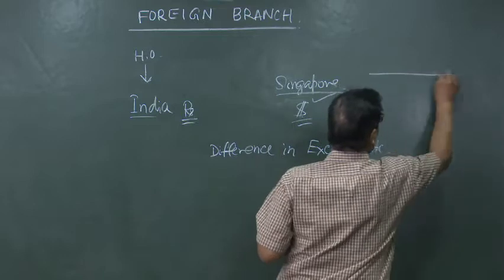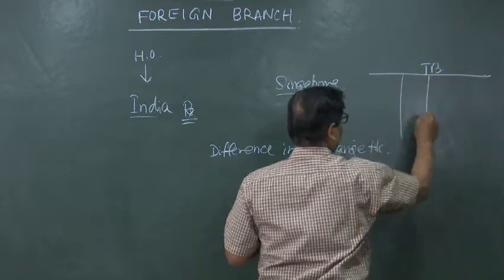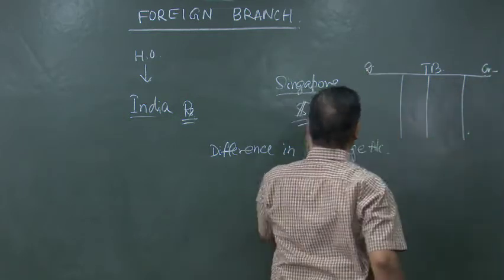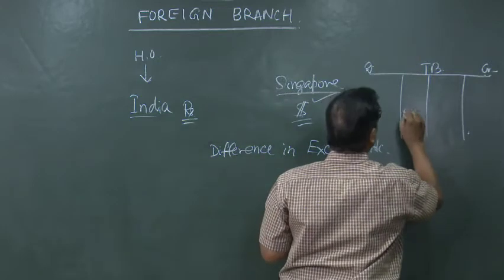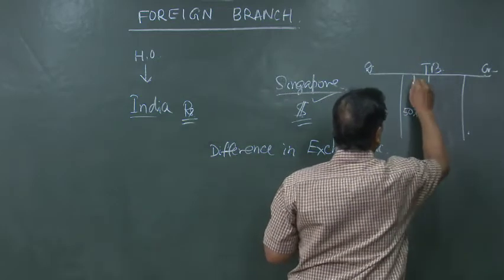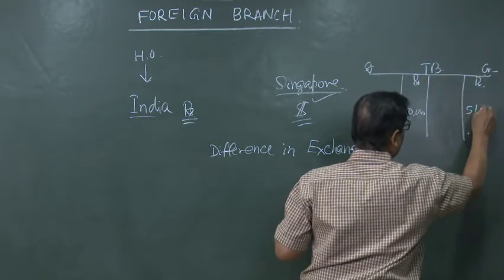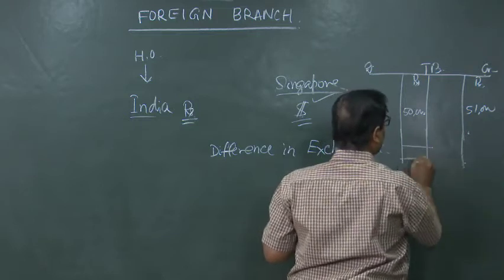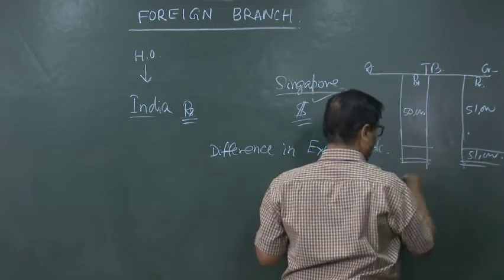Suppose the trial balance, when converted to rupees, has this total coming to 50,000 rupees and this coming to 51,000. That means 51,000 is the larger total.